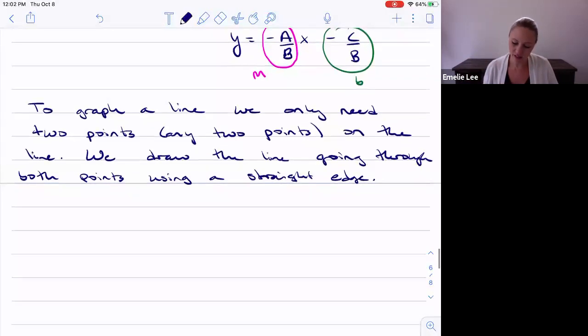All right. So to graph a straight line, we only need 2 points. So if I have the equation that I want to draw, I can find points on this line.